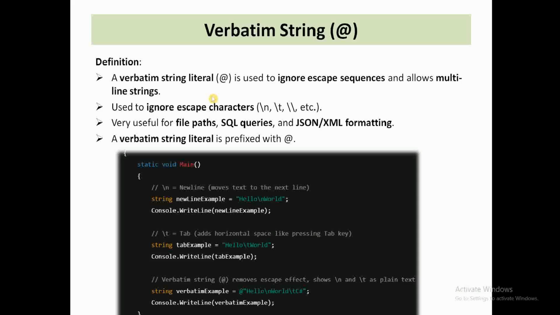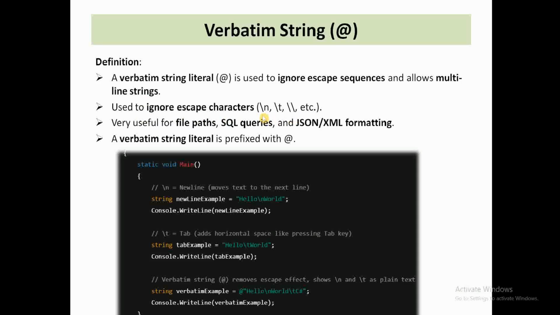It is used to ignore some characters, meaning if we have a URL with double slashes, with the verbatim symbol, that is the at-the-rate symbol, we can use only a single slash. It ignores all escape sequences, like \n, \t, double slash, etc.